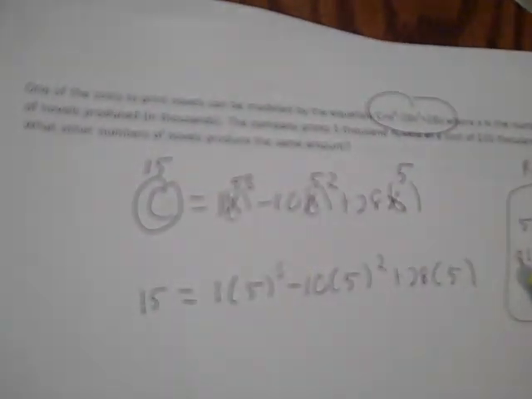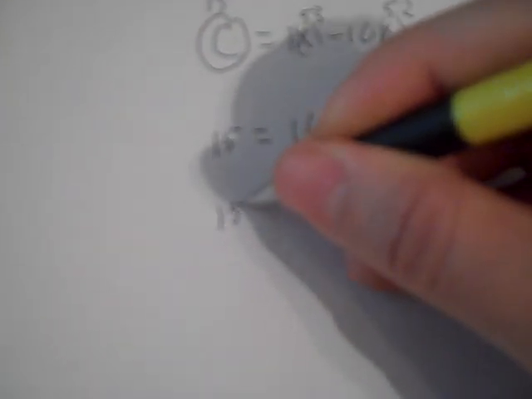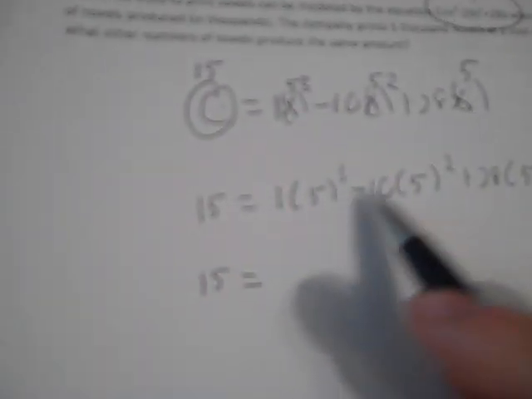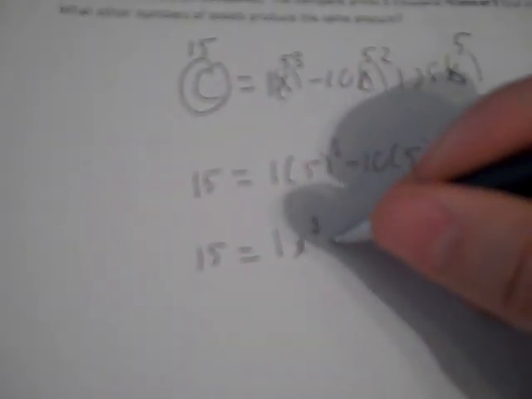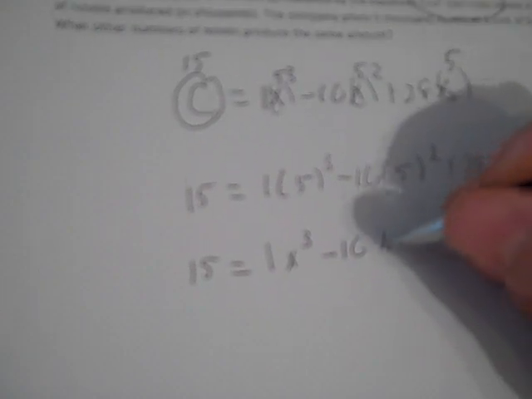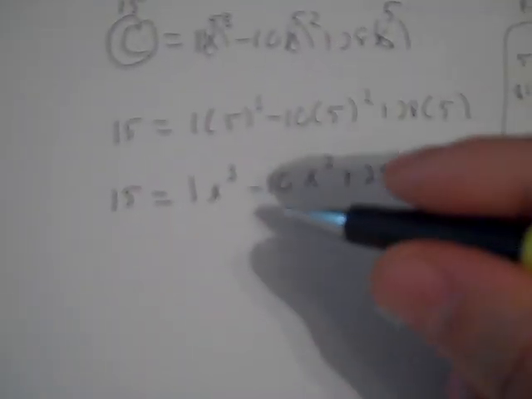Okay, it is 15. So I want to keep the cost at $15,000, but I want to find different X's here that could make the equation equal to 15. So these go back to X. So there are 3 solutions.